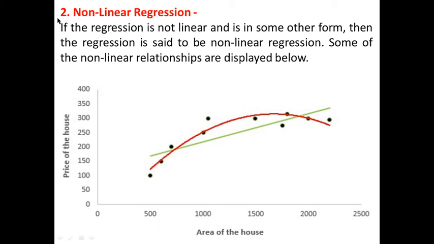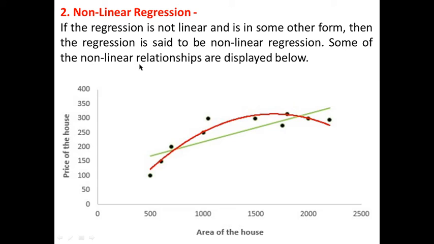The second type of regression is known as non-linear regression. If the regression is not linear and is in some other form, then the regression is said to be non-linear regression.